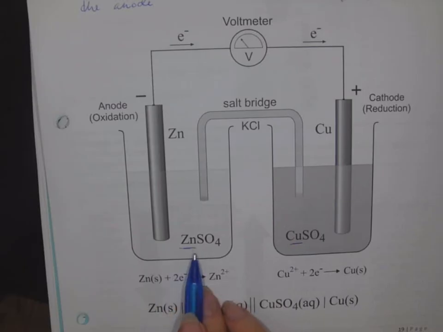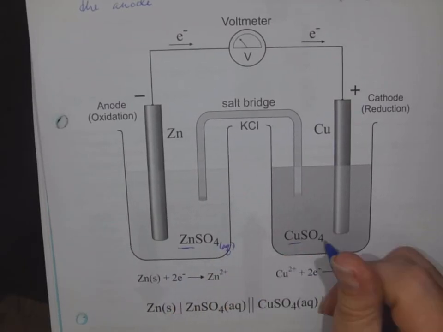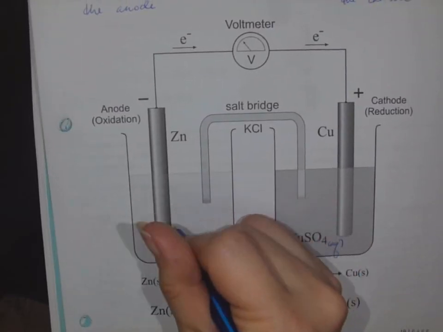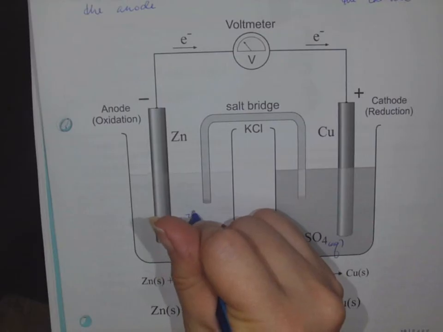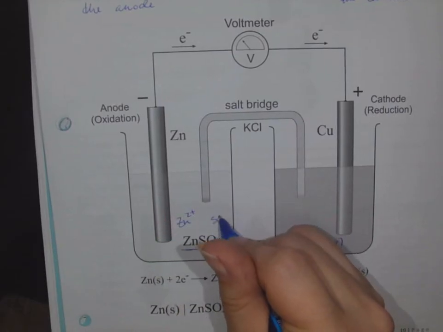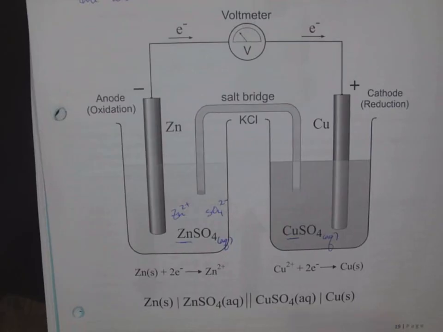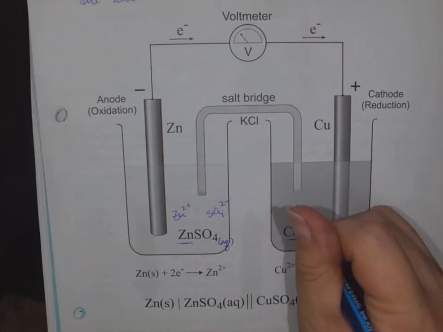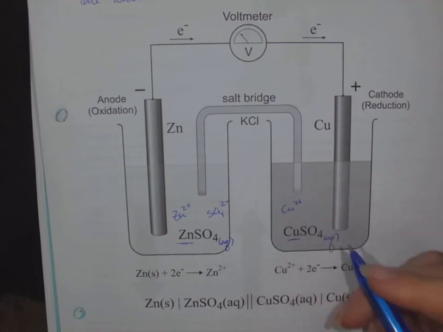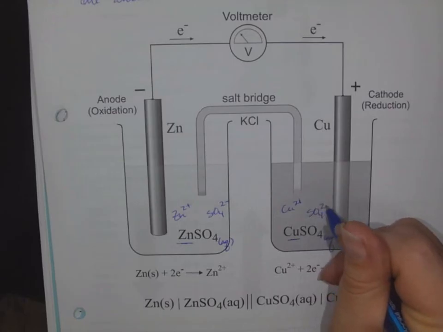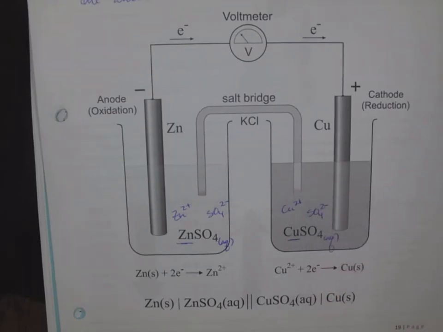So if the zinc sulfate is aqueous, then floating inside this solution we have zinc 2+ ions and sulfate SO4 2- ions. Over here, in the copper sulfate, we have copper 2+ ions floating around, and then sulfate SO4 2- ions.